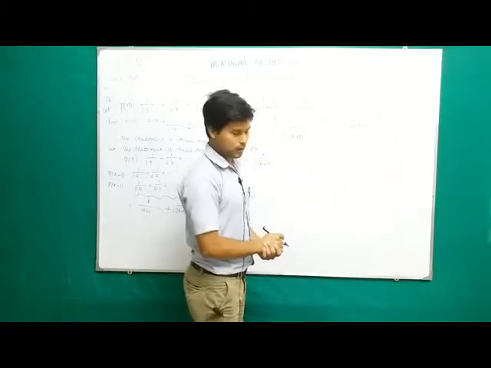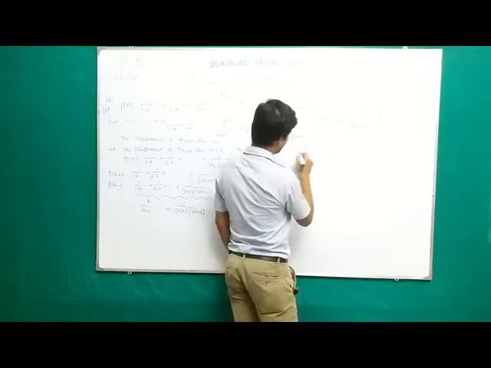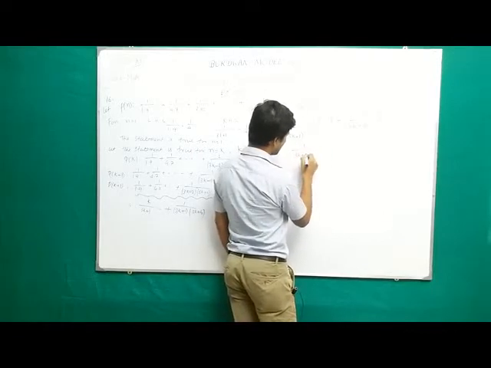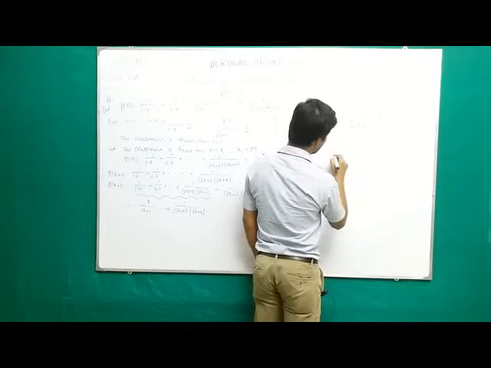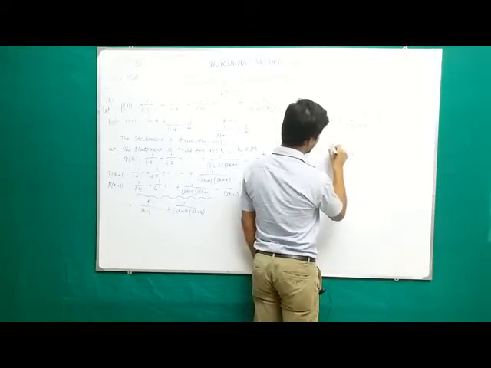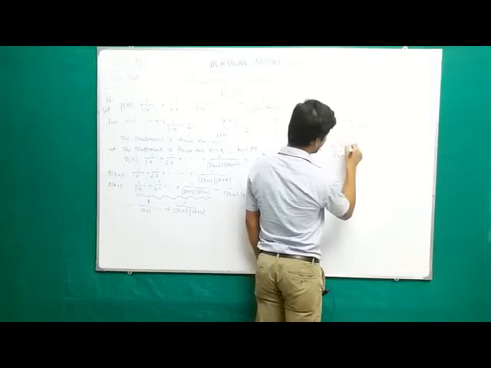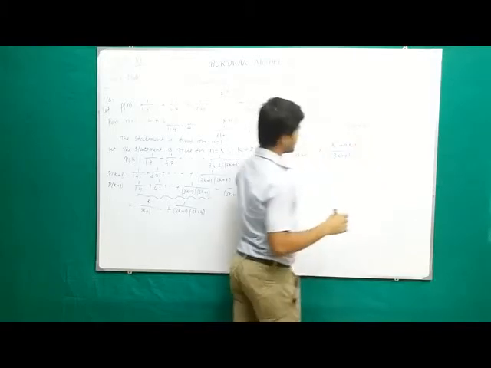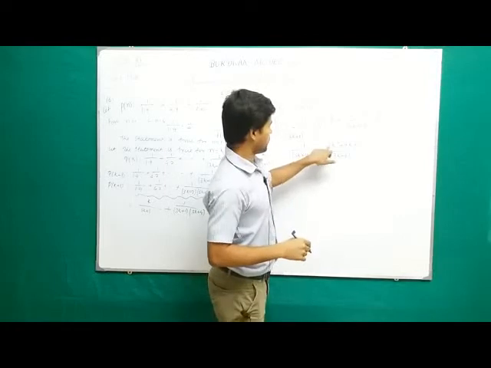Now if we do the calculation, the LCM will be 3k plus 4, and it will be 3k square plus 4k plus 1. Now this is a quadratic expression.